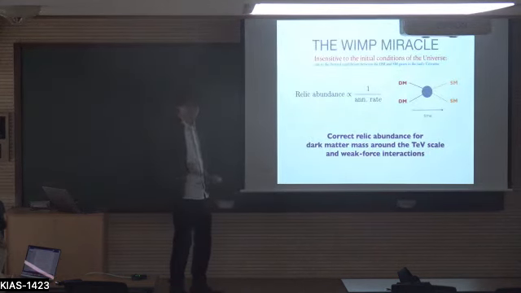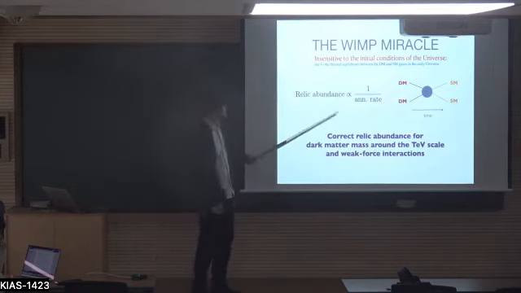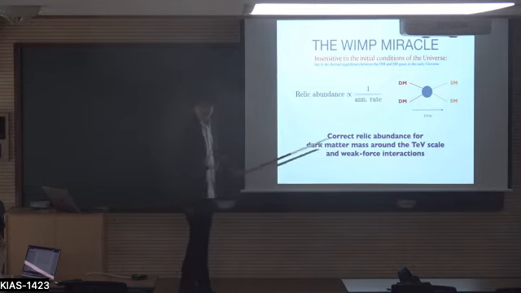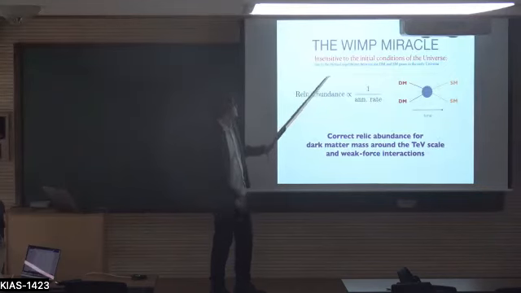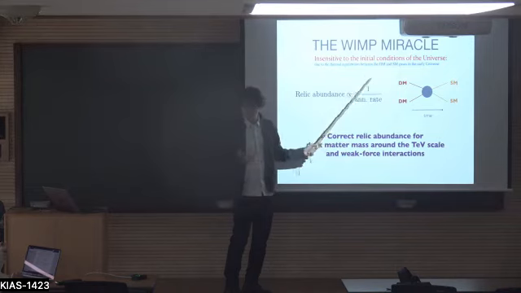So this WIMP miracle is a very long story, and still this is the most motivated one. Why? Because one thing is very nice: you just put in the weak scale and then you get the right relic abundance for free. Another reason is that this freeze-out scenario of the WIMP is basically insensitive to the initial condition of the universe.